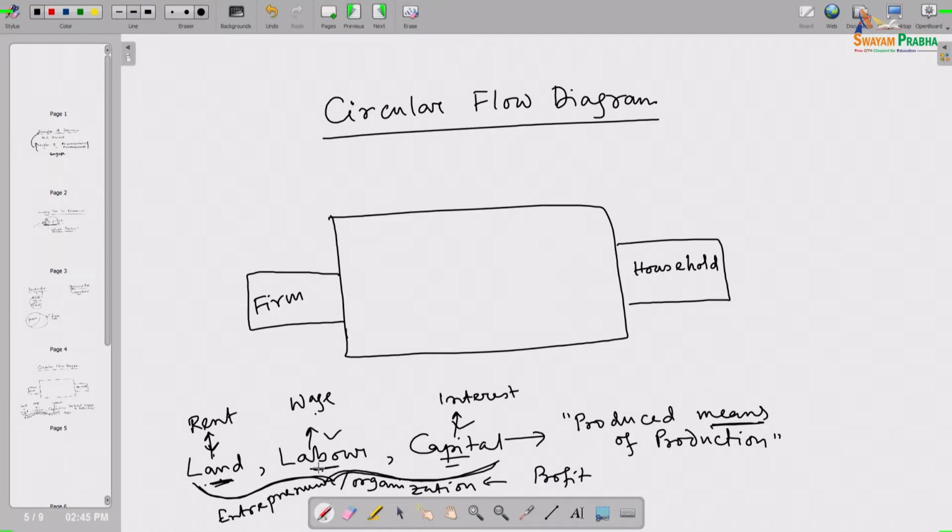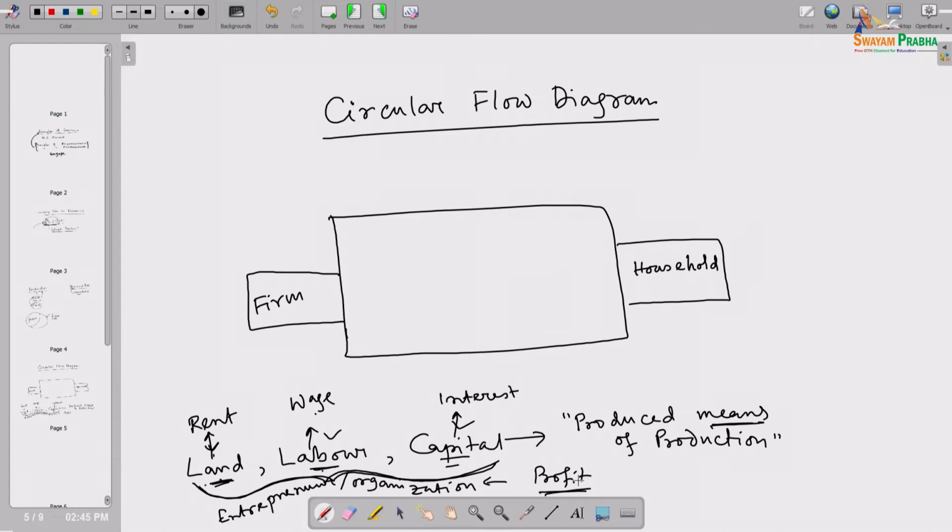From that sales revenue, I will pay rent for whatever land I hire, wage to the labor I hire, and interest to the capital I hire, and after these 3 payments, whatever is remaining to me from my sales revenue, that is my profit.